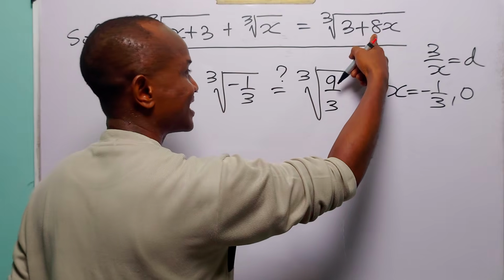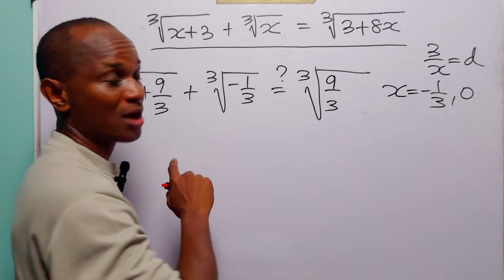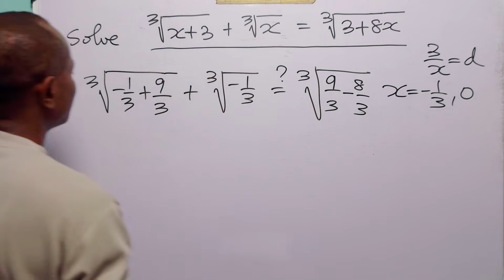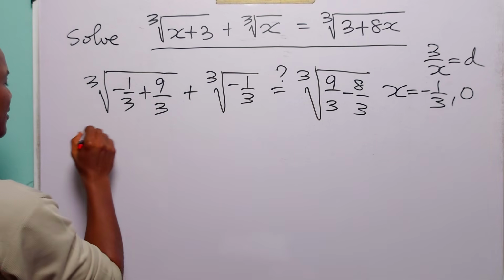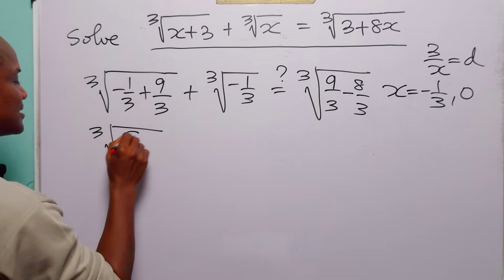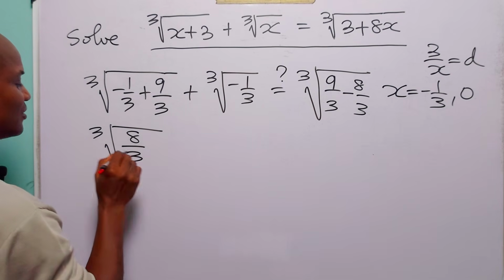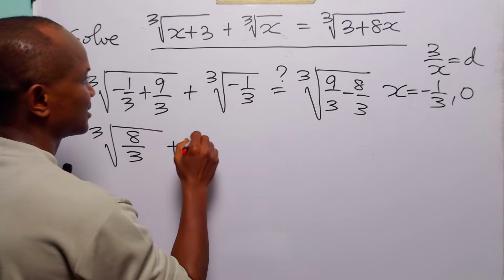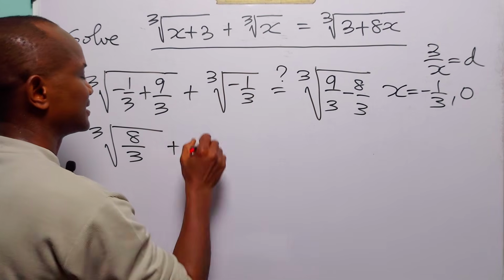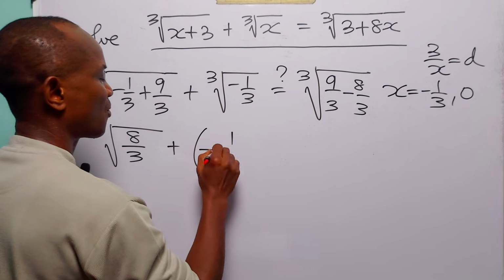And of course, you know that 8 times minus 1 over 3 is going to give us minus 8 over 3. Now here we have the cube root of 9 minus 1 is 8. Then we have the denominator, which is 3, plus the cube root of minus 1 is minus 1.